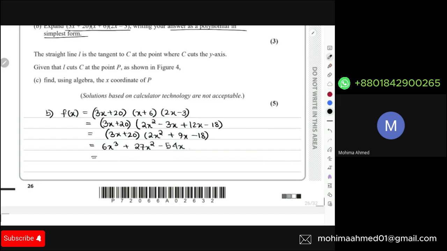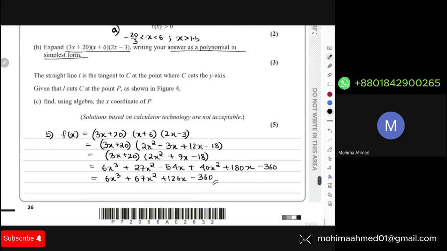Similarly, 20 with 2 leaves you with plus 40x squared, 20 with 9 leaves you with 180x, and 20 with 18 leaves you with minus 360. So in that case, you get 6x cubed, 27 plus 40 gives you 67x squared, and minus 54 plus 180 gives you plus 126x, finally you get minus 360. Right? So this is your entire cubic equation.